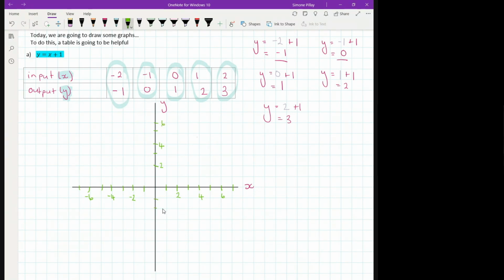This is -1, -2, -4, -6. That's negative. Okay. I've now numbered my Cartesian plane.